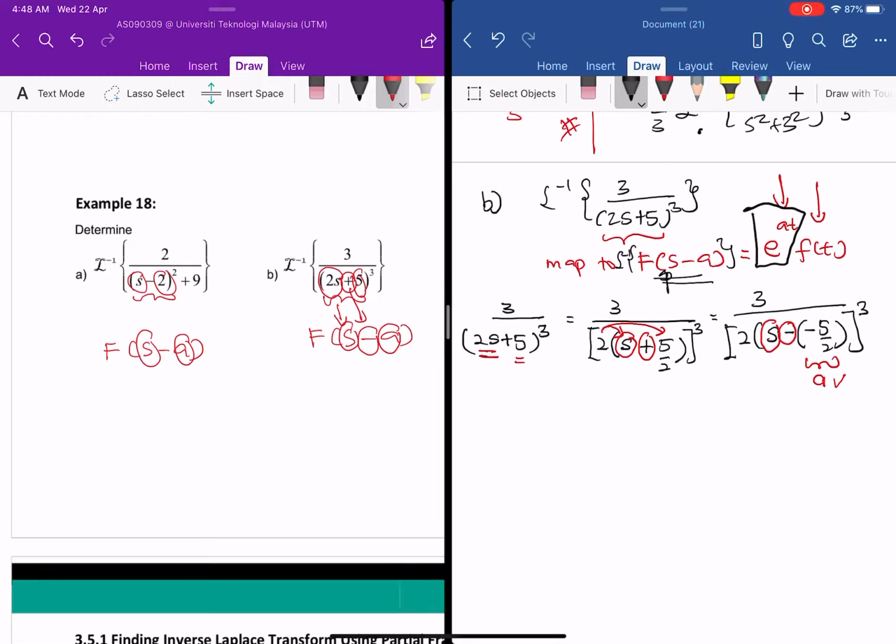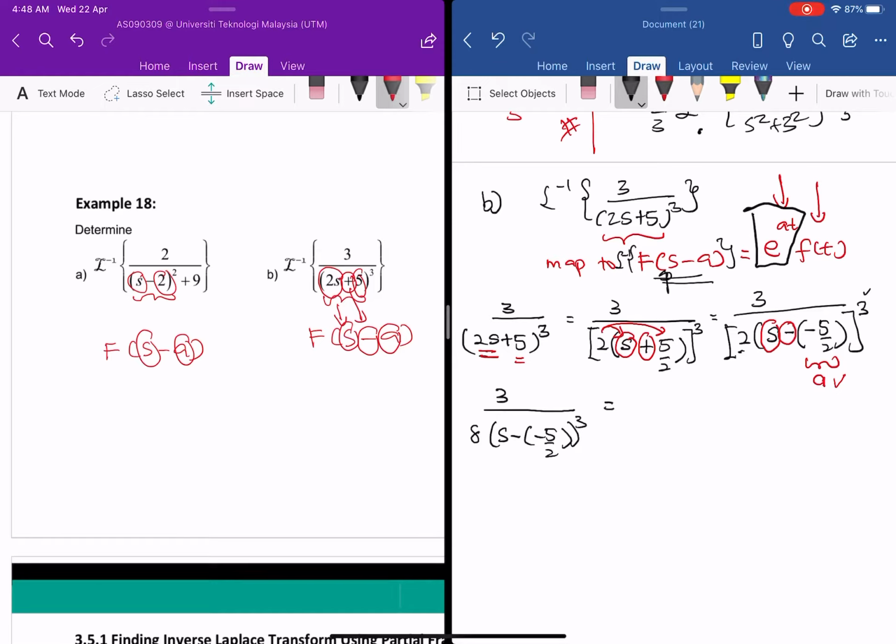Then I write down again and you expand. In the expansion, you simplify: 2 to the power of 3 will be 8. So 8 times (s minus negative 5 over 2) to the power of 3. Now it feels a bit better, right?